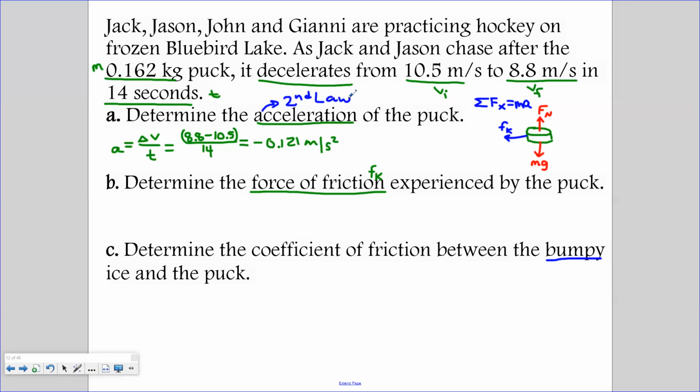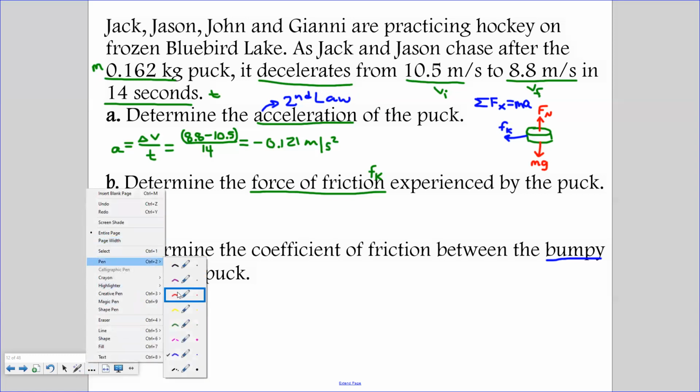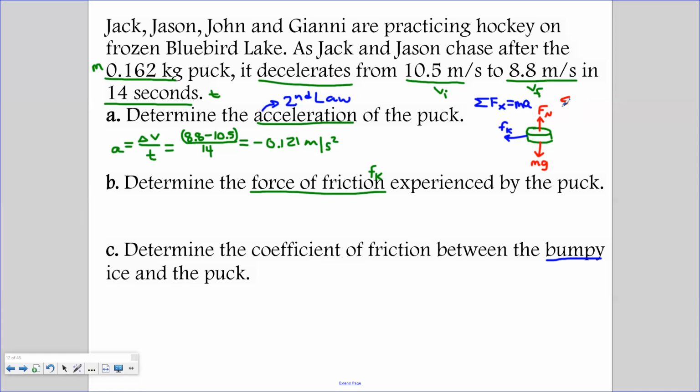None of these players are pushing the puck forward. They're chasing after it. It already got hit previously, and it's already sliding across the ice. In the y direction, our net force will be 0. The puck is not going up or down the lake, it's going across the lake.